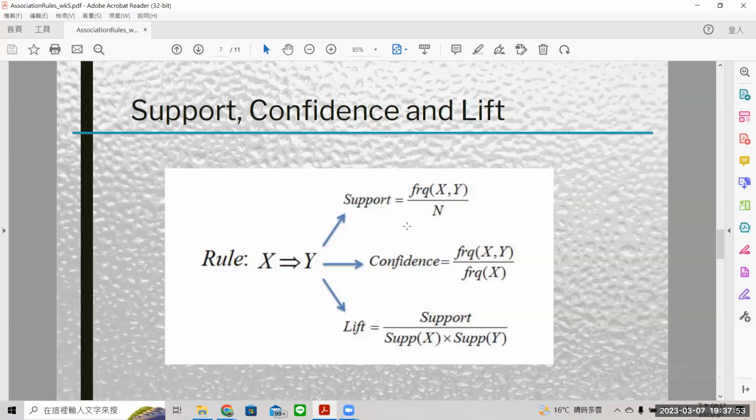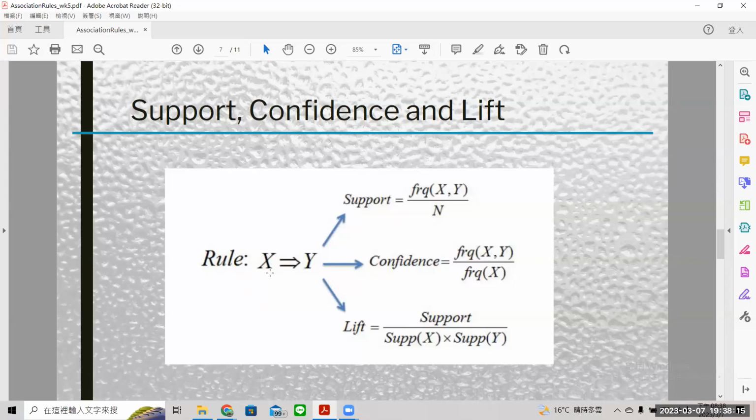You already have support, and support of X multiplied by support of Y. So later if we run the Python program and it shows the index, please know where they come from.